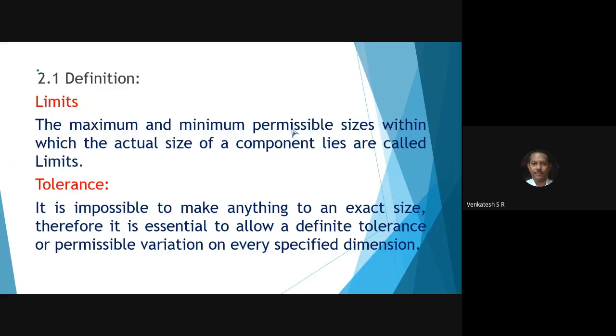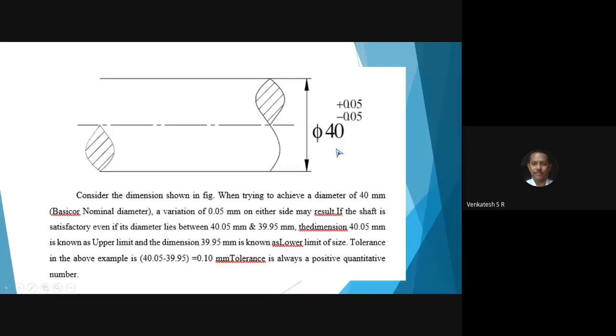Next, come to the point. Please, all of you write down the dimension.